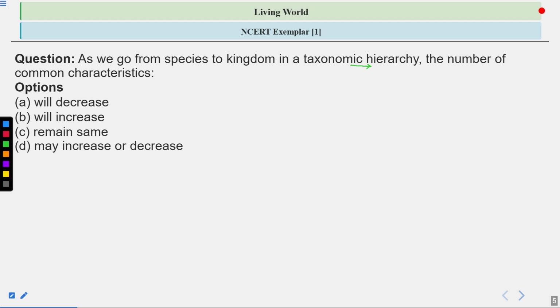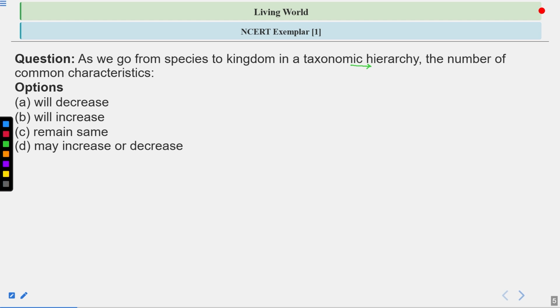And how do you group these organisms into various categories? In classification, what is done? The living organisms are grouped into various categories based on similar characteristics. Each category is known as a taxon, and each taxon represents a rank.